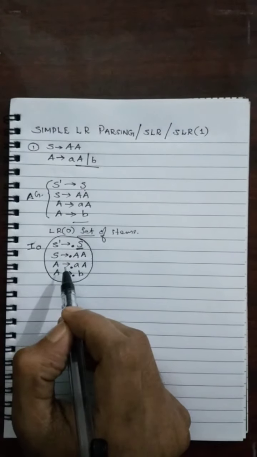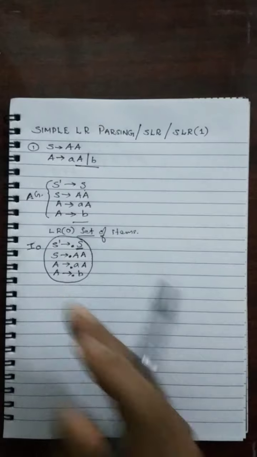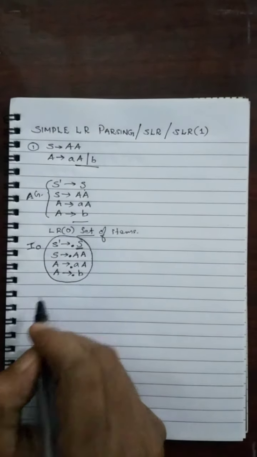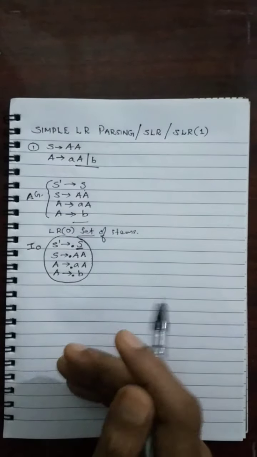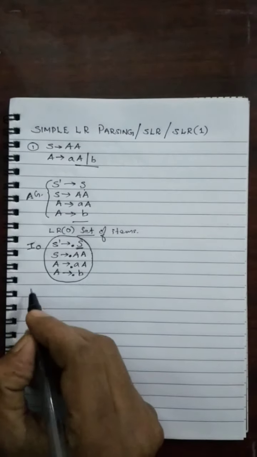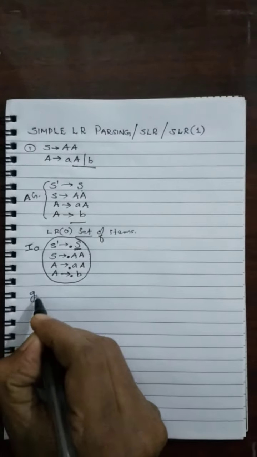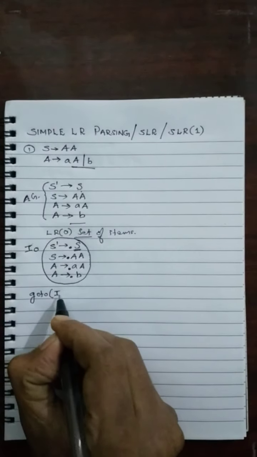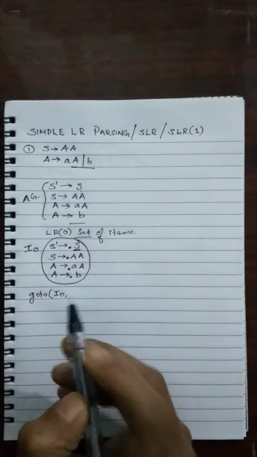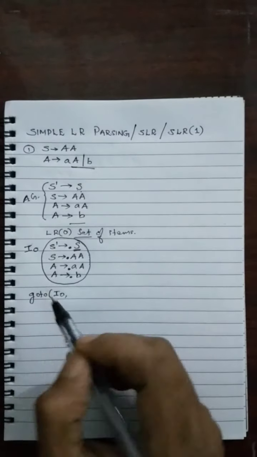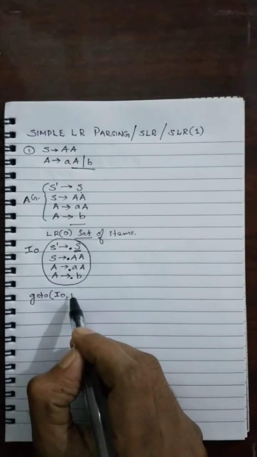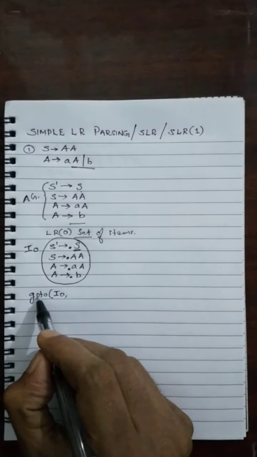Now from this I0 I have to generate further sets of items. How do I produce that? It is based on the second function, which is called goto. So let me write down goto. Now we are going to produce the other transition states from I0 based on goto.